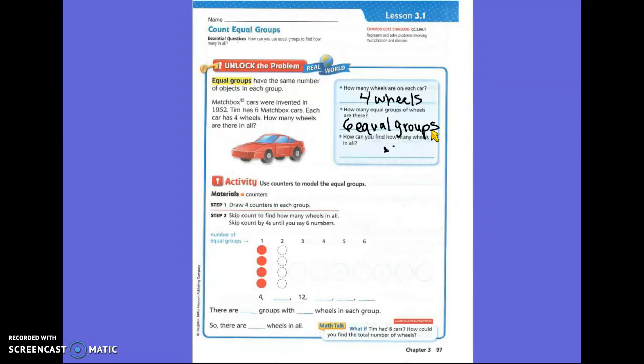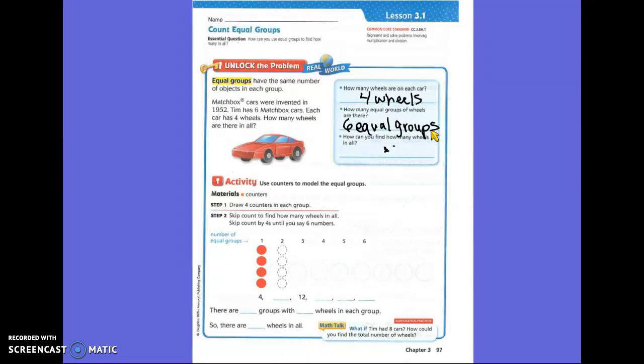Now, how are we going to find how many wheels there are in all? No, you're not going to add 6 and 4. We'll have to count all.